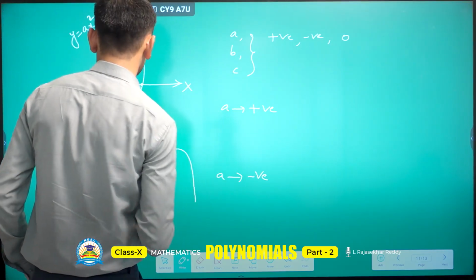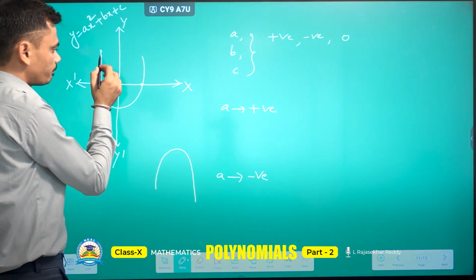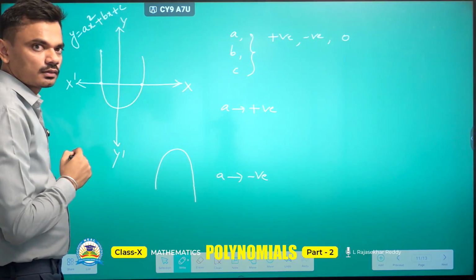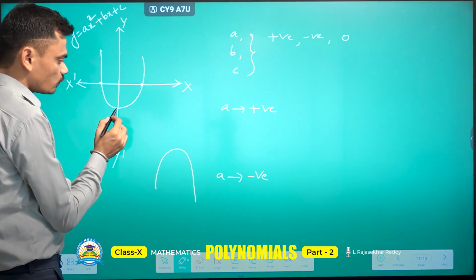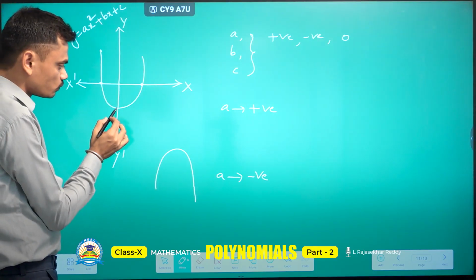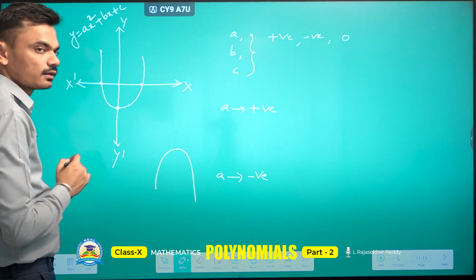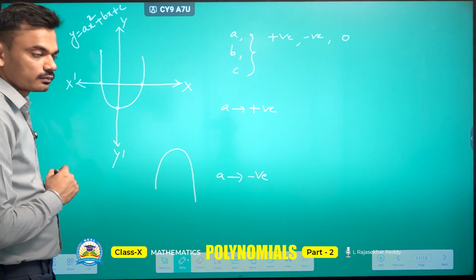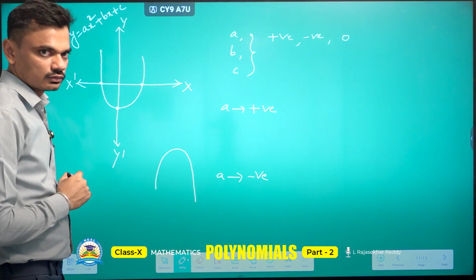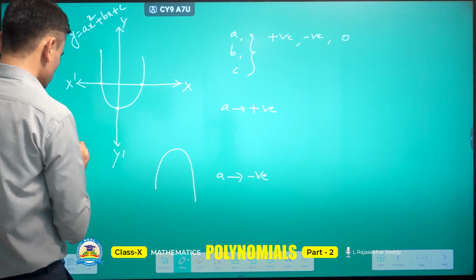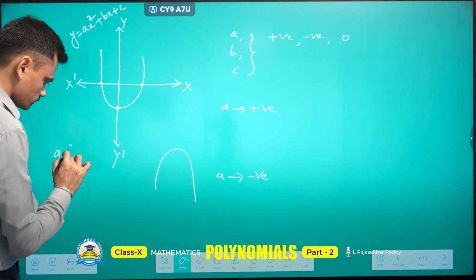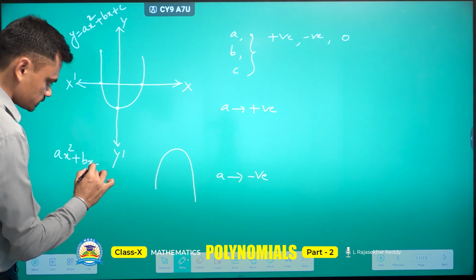C value. Here, the parabola is intersecting the y-axis, here. So here y value is negative. So C also negative. So how it is possible?